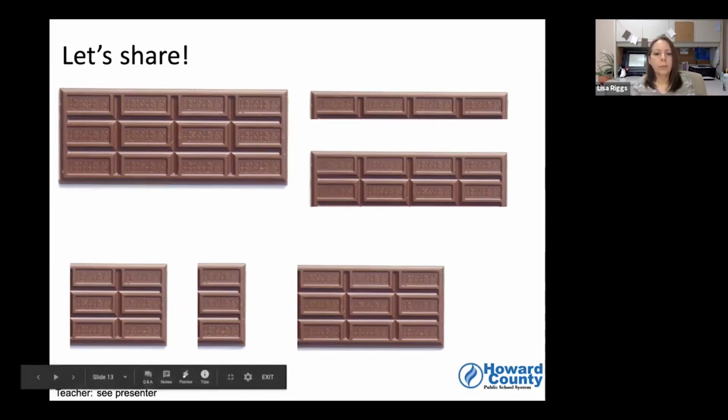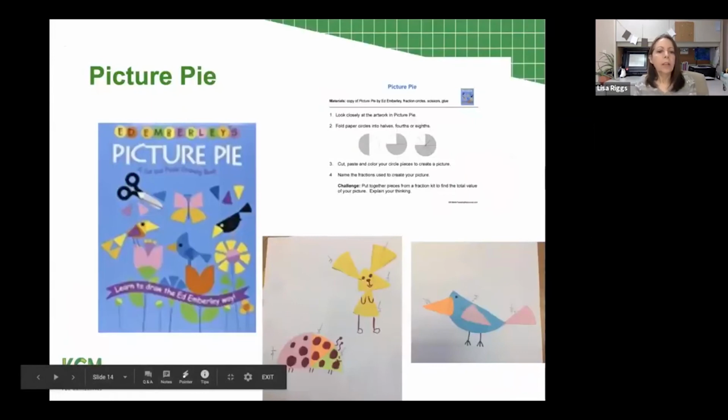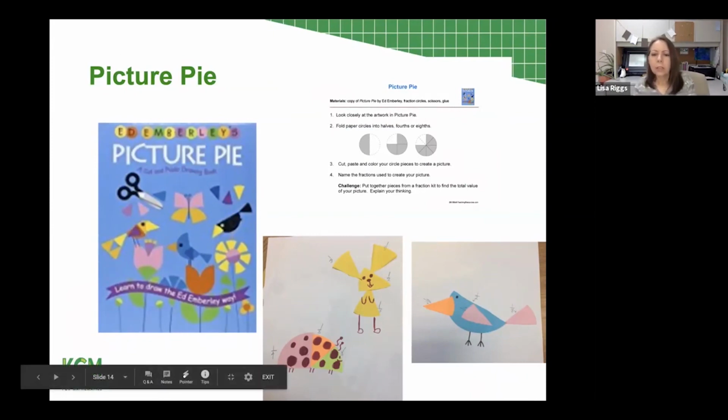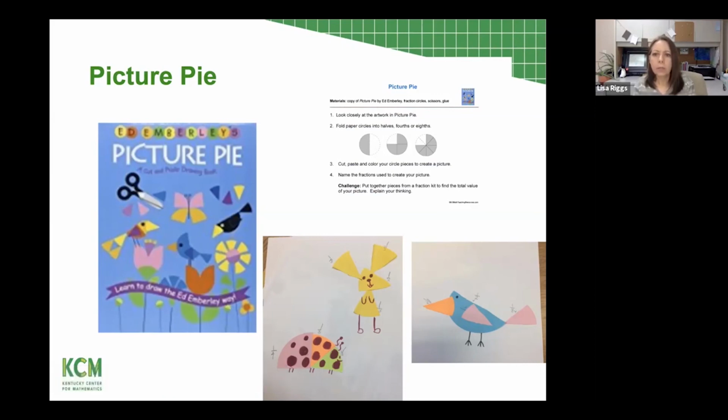Okay, there we go. Another awesome resource that I have seen teachers use in their classroom. I actually got to see this in action in a classroom this year, which was a lot of fun, is the book Picture Pie. I don't know if you're familiar with it. And included in your resources is this worksheet for Picture Pie, which gives the directions for the activity.